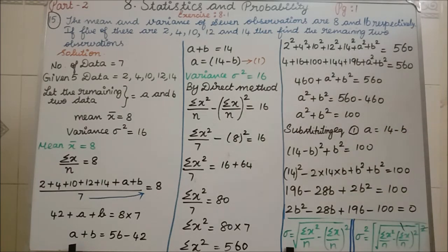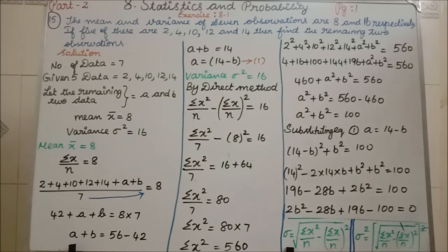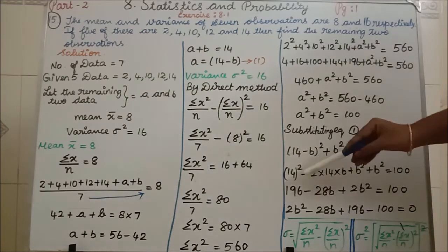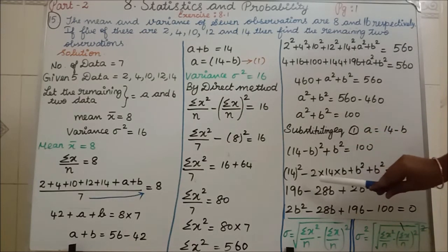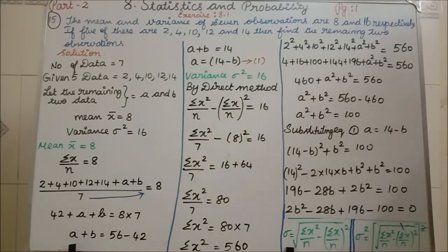So it is a square, minus 2 into a into b, here a is 14 and b is b itself, plus b square, and then again we have plus b square equal to 100. 14 square we get 196, then 2 into 14 is 28 into b, plus b square plus b square is 2b square, equal to 100.